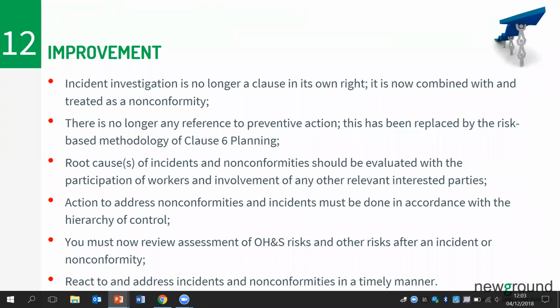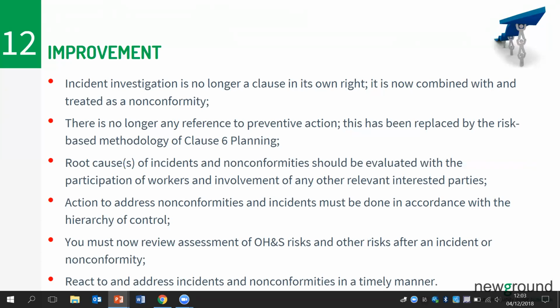The root cause of incidents and non-conformity should now be evaluated with the participation of workers and the involvement of any other relevant interested parties. Your action to address non-conformities and incidents must now be done in accordance with the hierarchy of control, which is obviously elimination, substitution, engineering controls, etc. And you must now review assessment of your safety risks and other risks after an incident or a non-conformity has occurred.